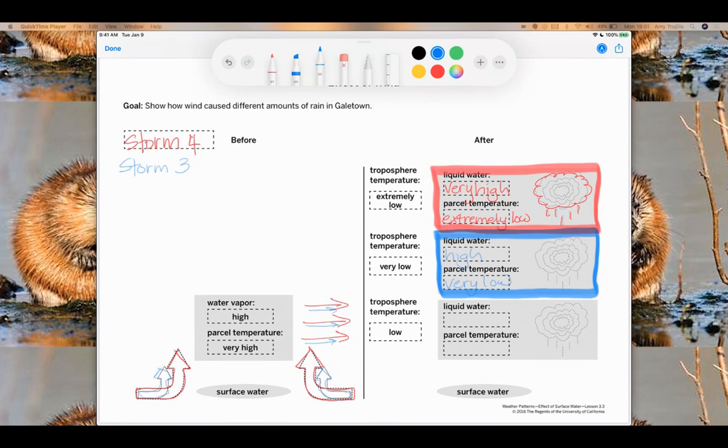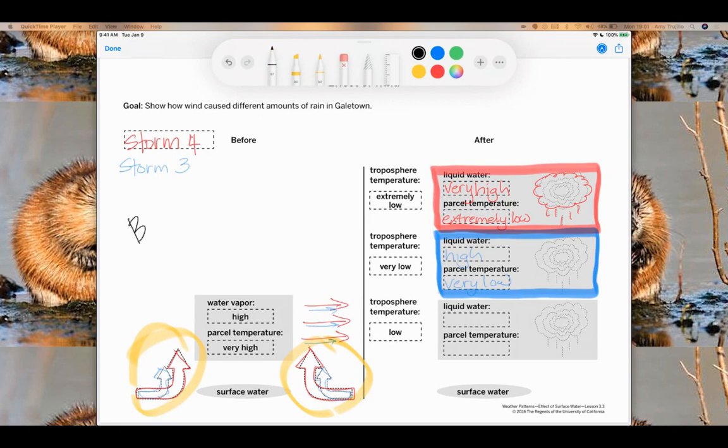So what I did is I did some color scheme here to kind of show the difference between Storm 3 and Storm 4. Storm 3 stuff is all blue. Storm 4 is all in red. Notice, of course, that the energy transfer in both Storm 3 and 4 was the same. The main difference was going to be right here in our wind, right?